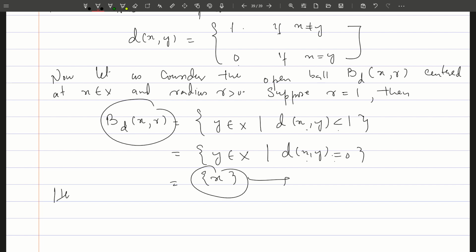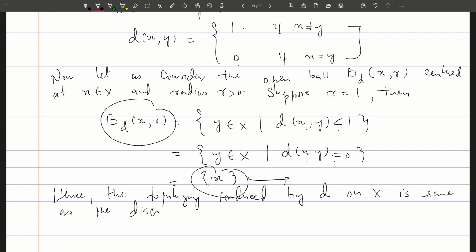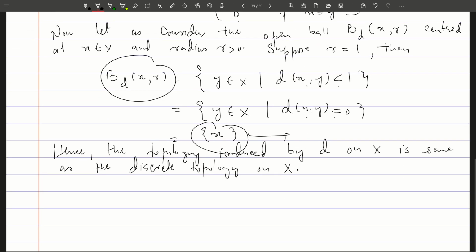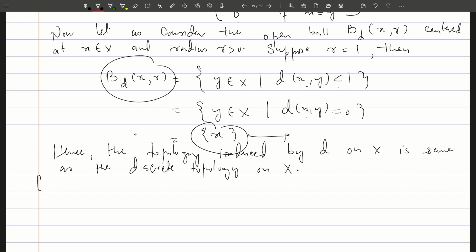So hence the topology induced by d on X is the same as the discrete topology on X.